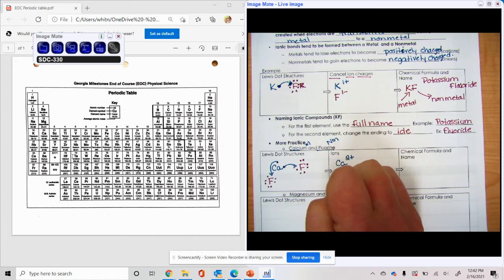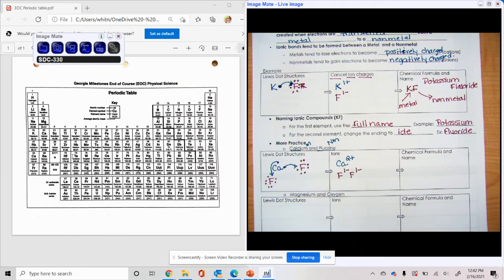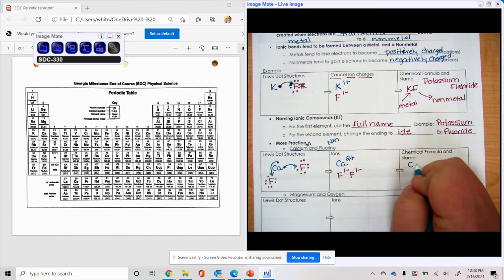So 1-. Now, if I have 2 positives and 1 negative, are those balanced? No, they're not. Can I make them balanced? Yes, I can, simply by adding another element. So now I have 2 negatives and 2 positives. Okay, so let's go and look at our formula. The metal gets written first, Ca.